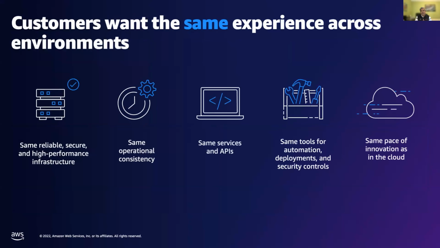Building on that, right? Some of the other things that when you're designing this, some of the other things the customers want is, no matter where the customers are consuming the cloud, they want the same experience they would receive in an AWS region. Meaning they want the same reliable, secure, high performance infrastructure used in our AWS regions, right? Which gives them the same security mechanisms and controls, predictable performance, and consistent operational model, right?